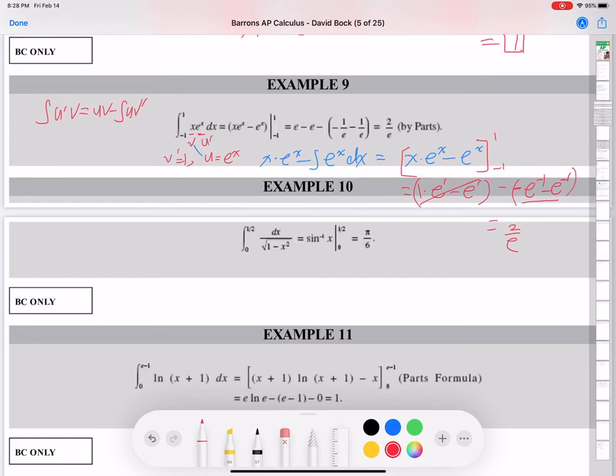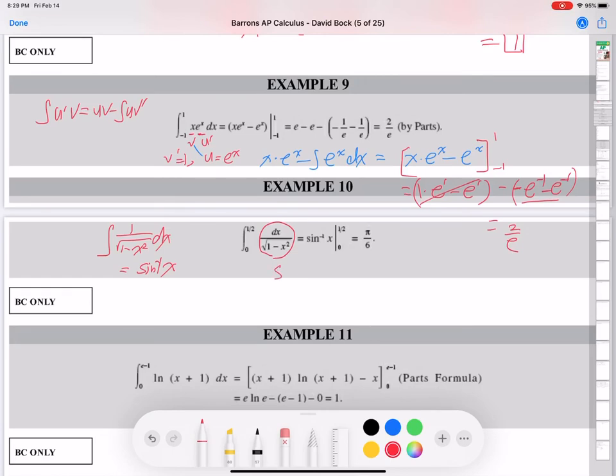Number 10. Okay, I give you the indefinite integration formula about arc sine. The integral of 1 over the square root of 1 minus x squared dx is arc sine, sine inverse of x. That is exactly just the arc sine formula.